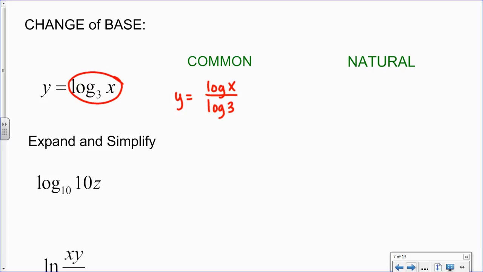So do the same thing for natural log. So that's natural log of x over natural log of 3. Okay? All right, so we'll stop there.